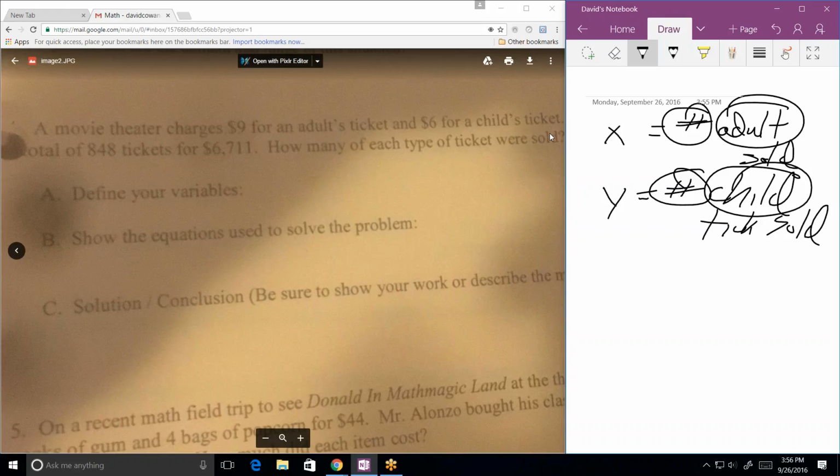Okay, so give me an equation using these two variables, knowing that I need two equations, right? If I only come up with one equation, I cannot solve it if I have two variables. What's one equation?